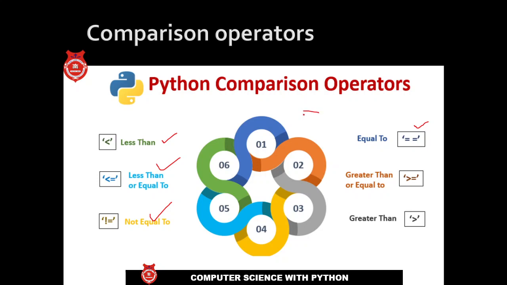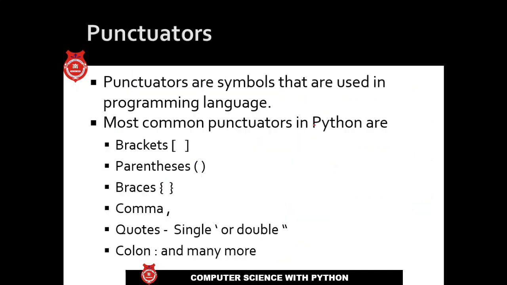If it is only a single equal sign, it is known as the assignment operator: the right side value will be given to the left side. But if it is double equal, it will check whether the values on the left side and the right side are equal or not. We also have greater than or equal to, and the greater than sign.